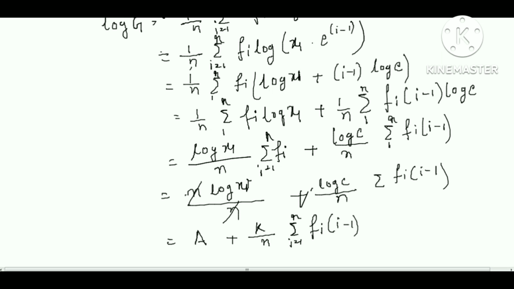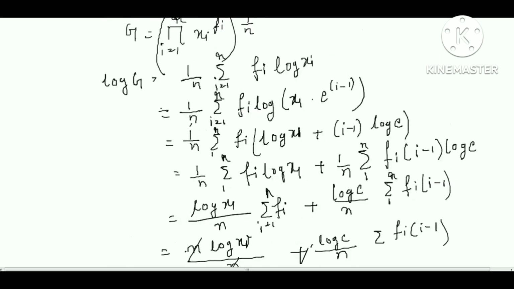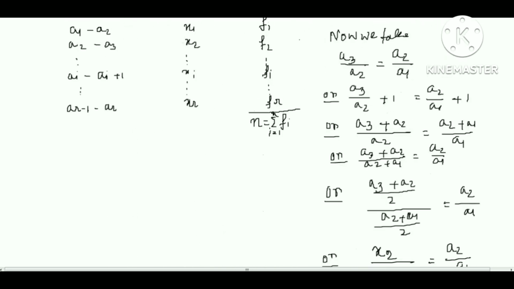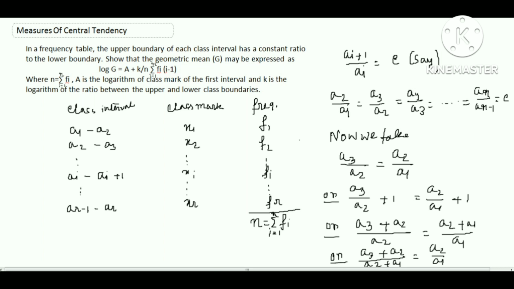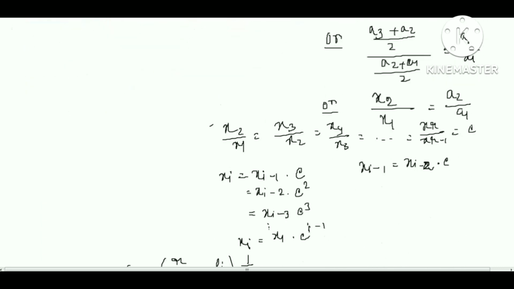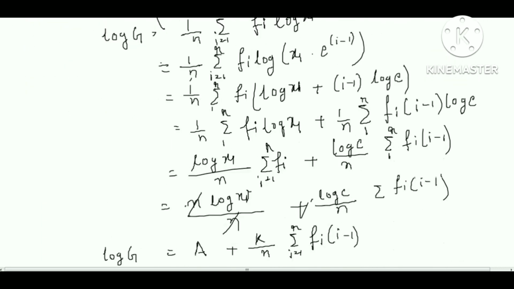So we can write log G equals capital A plus k divided by n summation i from 1 to r f_i into (i minus 1). So this is our proof. We had to prove this, and we have already proved this. So that's all for today's video. Thanks for watching.